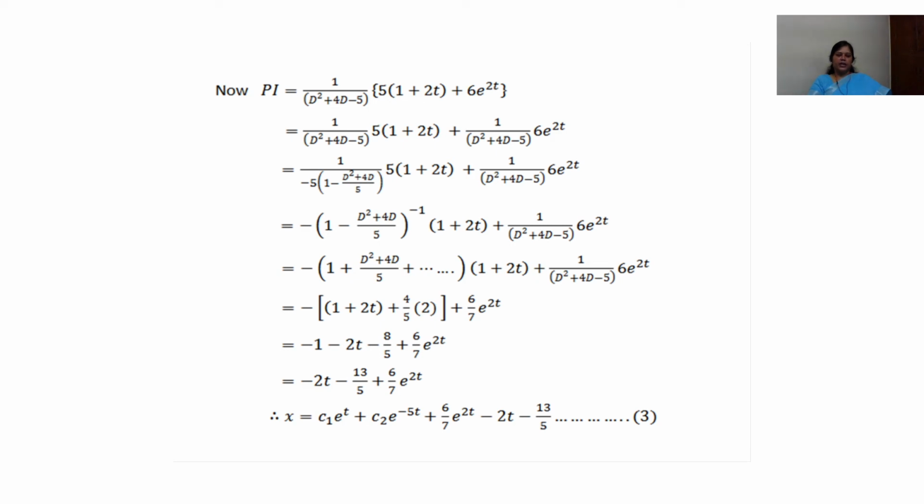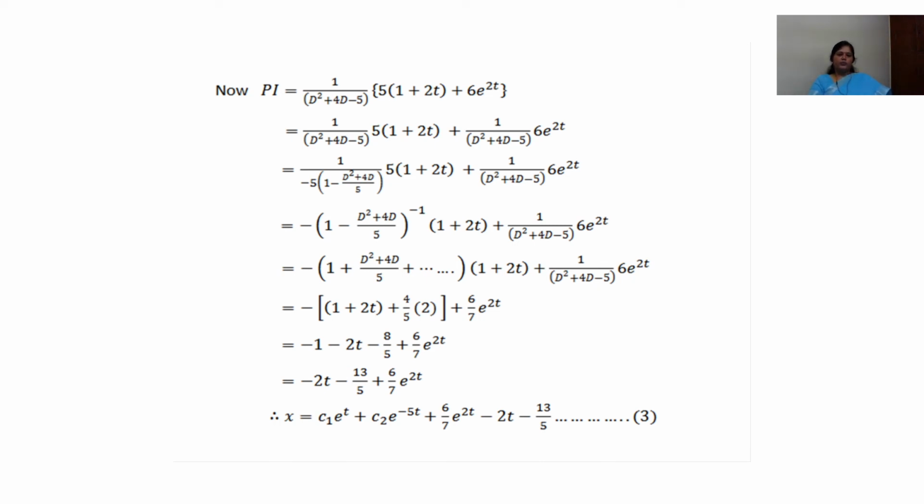That's why we got minus of [1 + (D² + 4D)/5 + ...] into (1 + 2t). From the third term onwards we will get higher powers of D. We don't want those values, so we are taking only the first and second terms.